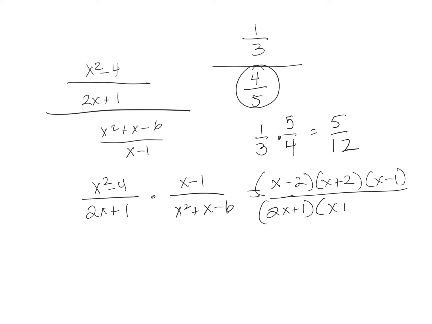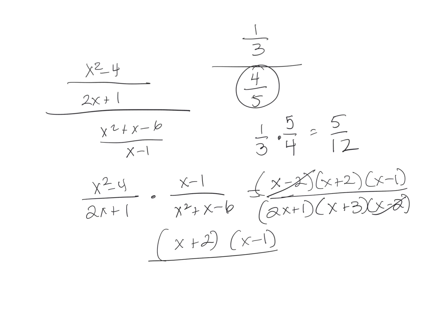That's going to be x plus 3, x minus 2. This will cancel. x is not equal to 2. There you go. All right.